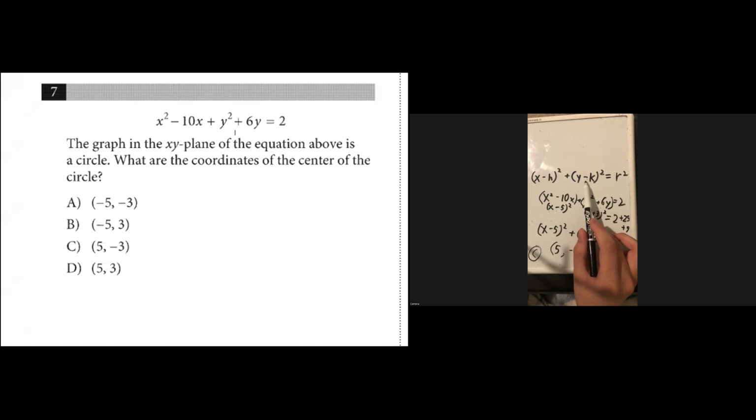Or here you might have thought this was y plus k. Or you might have also thought that it was minus here, x minus h squared minus y minus k, which would have also given you 5 positive 3. So you could have made those two mistakes.